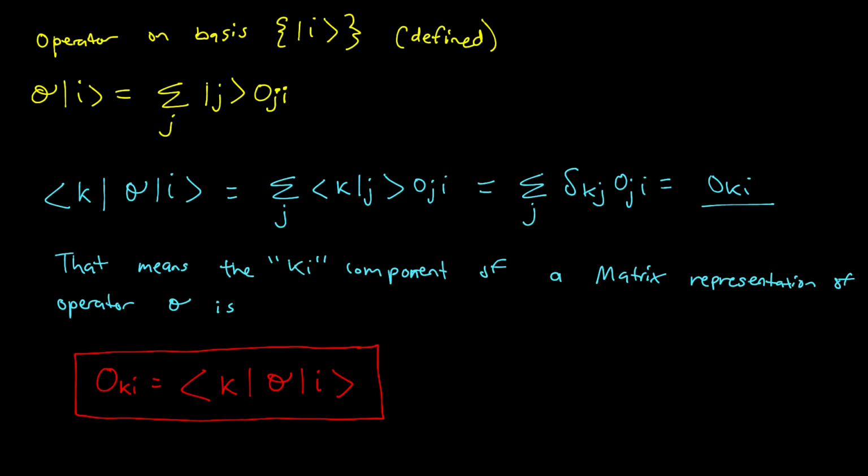That means the kith component of the matrix representation of operator O, O_ki, is the bra vector ⟨k| times the operator operated on the ith basis ket vector.